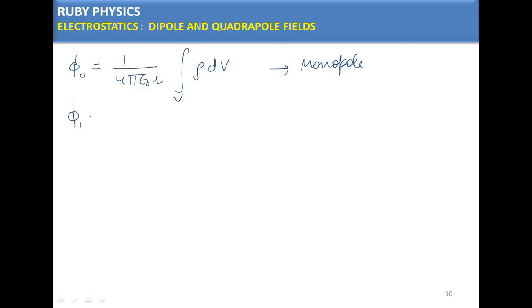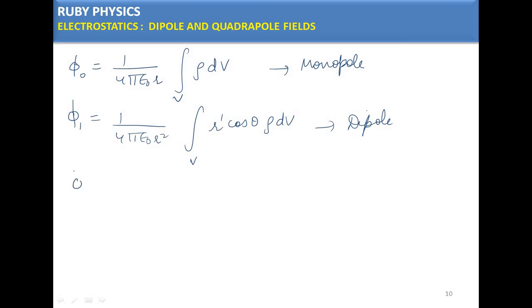Now phi 1 will be equal to 1 by 4 pi epsilon naught r square, and in the integral it will be r dash cos theta rho dv. This is the potential for the dipole.